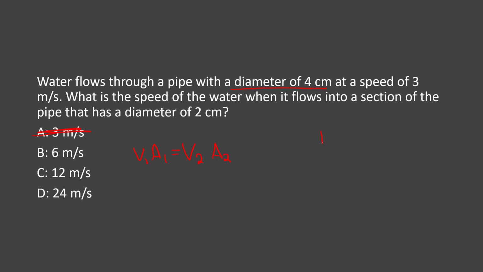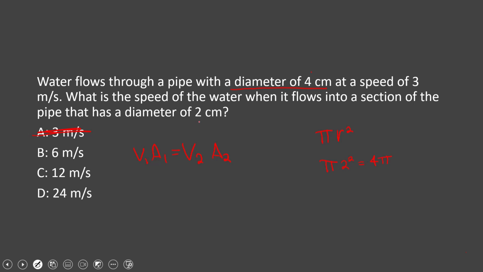And of course, the area of a circle is pi r squared. And so if our diameter or our radius doubles, then our cross-sectional area is actually going to increase fourfold. So we can kind of see this as pi, and then let's do half of this. So 2 squared is going to be equal to 4 pi.